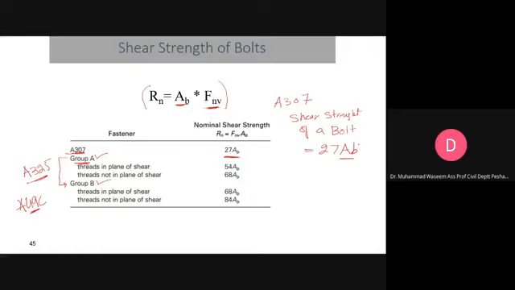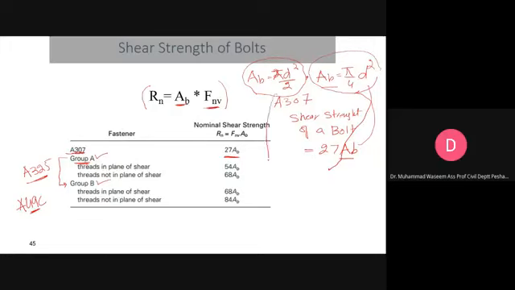This area can be pi d square by 4, or this can be pi d square by 2. When will we use this formulation and when will we use that one? Sir, single and a butt joint. Yes, that is correct as well.